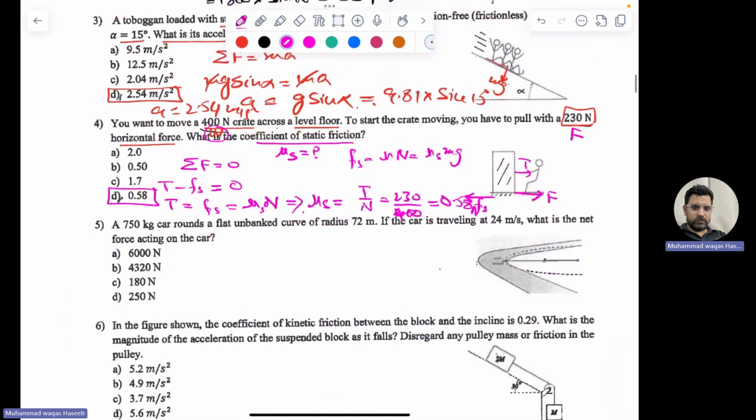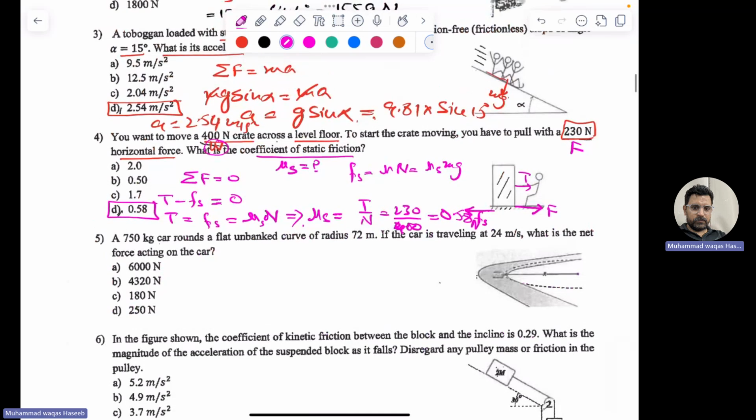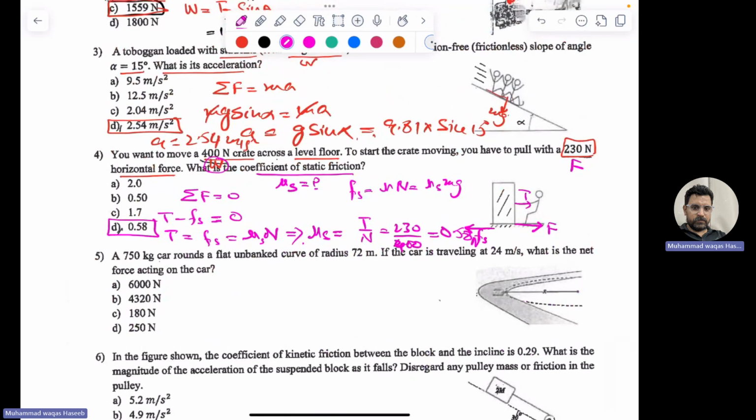Next question: a 750 kilogram car rounds a flat, unbanked curve of 72 meter radius. If the car is traveling at 24 meters per second, this is the velocity and this is the radius, what is the net force acting on it?